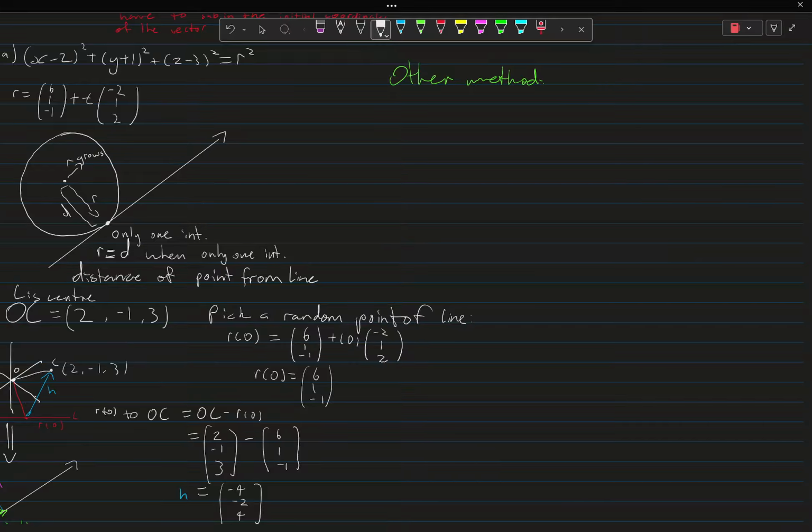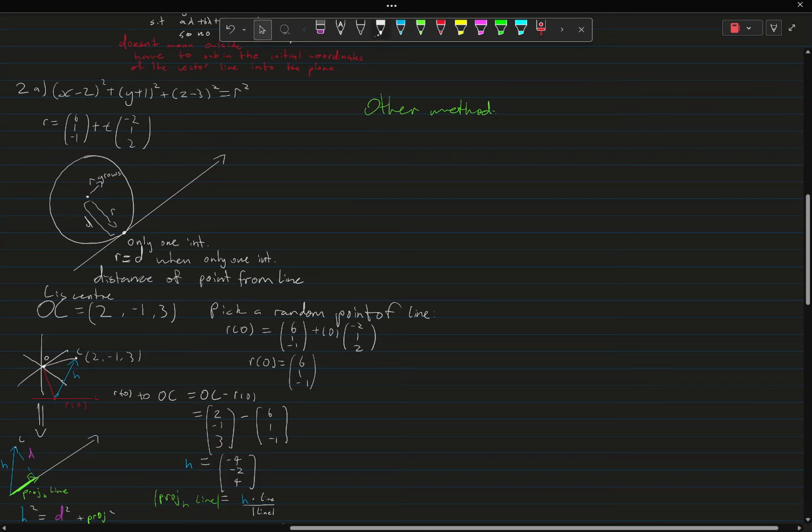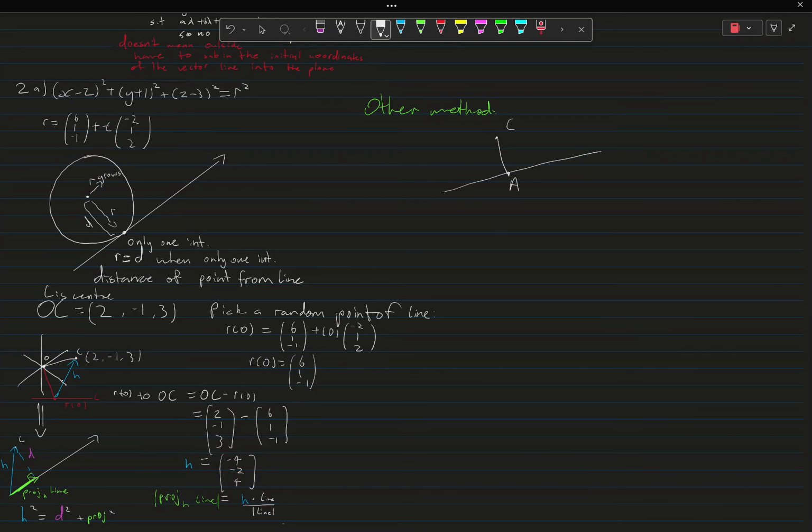So what we were doing is, we had the center, and we need to find A. So we have the direction, and the dot product of the direction with AC would be 0. The direction is -2, 1, 2, dot AC.